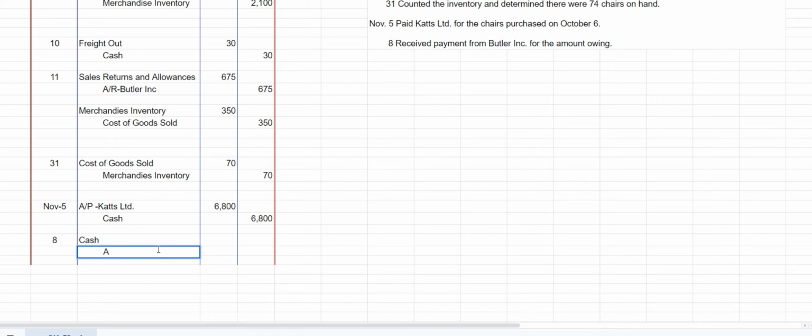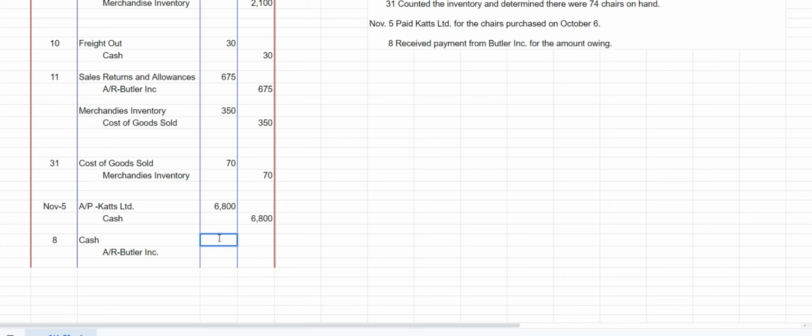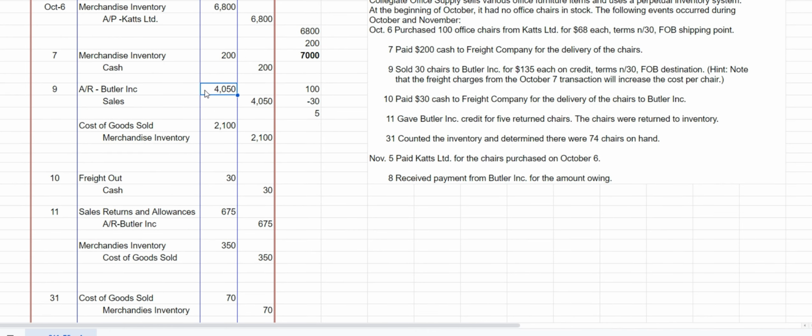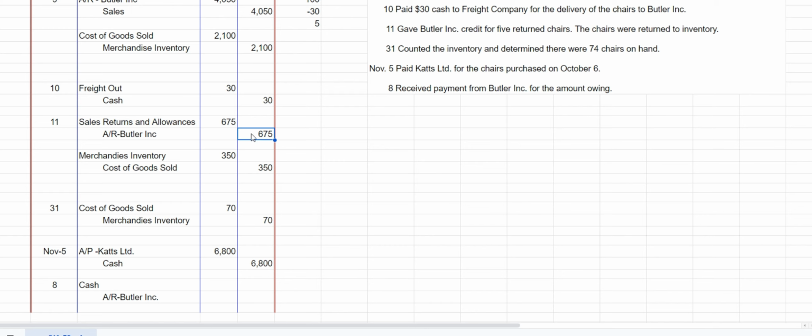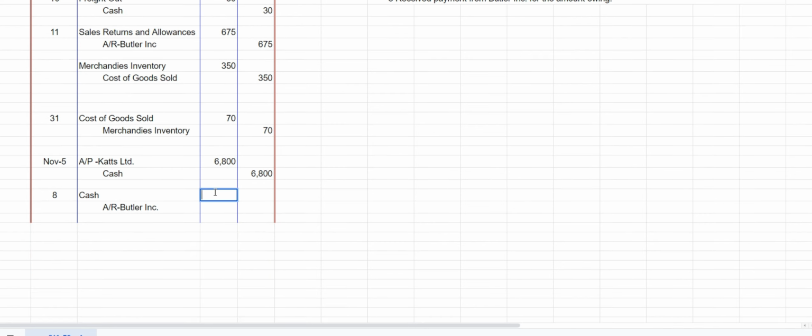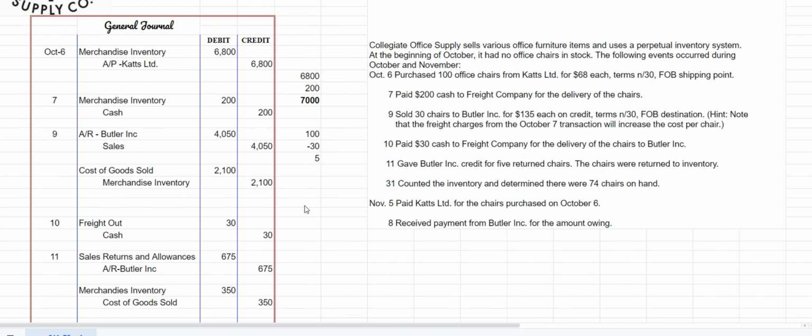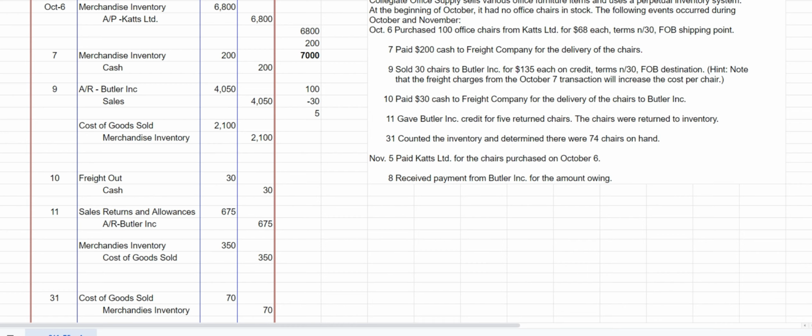In this case, it's accounts receivable, Butler Inc. And as I calculated before, all I did was take the $4,050 and subtract the credit that we gave them, which is going to give us $3,375. And that is it for this question.